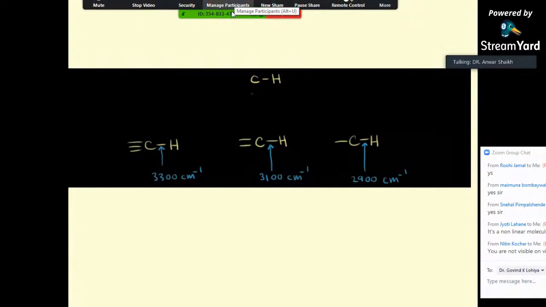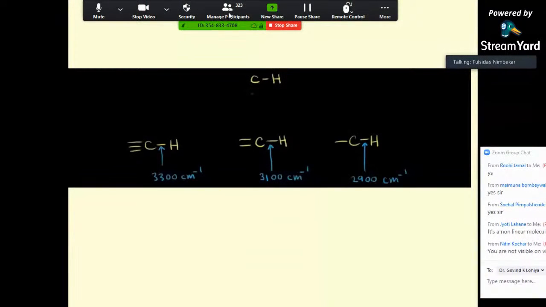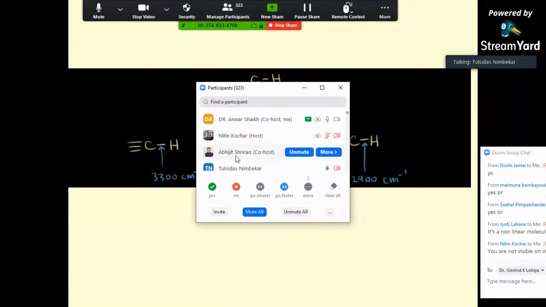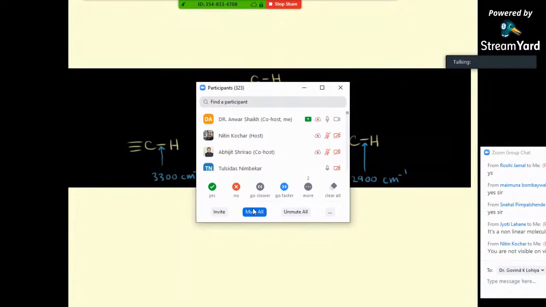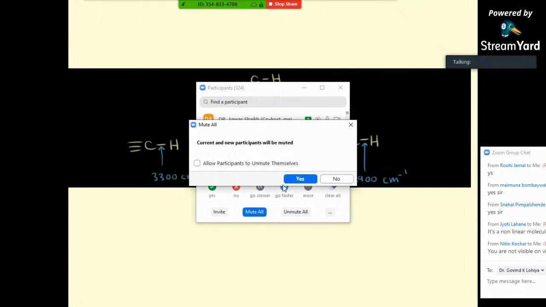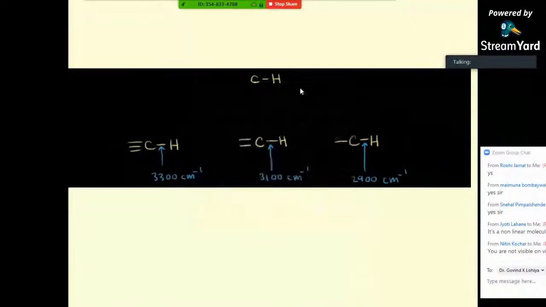So this bond is comparatively weaker as compared to the previous bond. The weaker the bond, the lower the frequency. So it will have a vibration frequency of 3100 per centimeter.